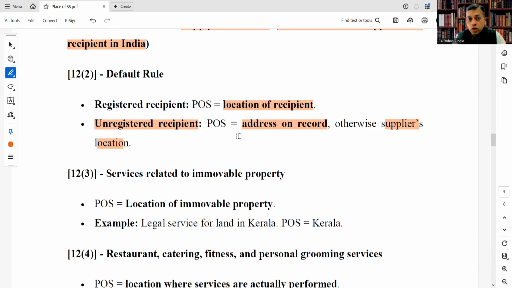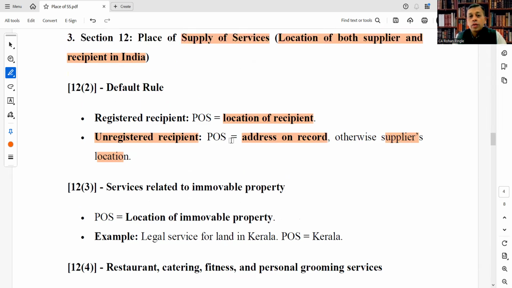The same way, in the default rule of section 12, subsection 2, where both the supplier and recipient are in India, for a registered recipient the place of supply is the location of the recipient. But for an unregistered recipient, the place of supply will be the address on record. If that is not available, then the supplier's location will be the place of supply.